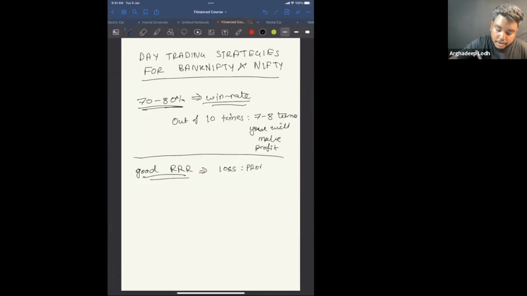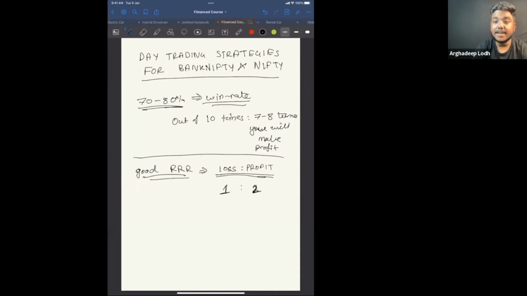In layman's terms, suppose you are entering a trade, you are risking 1 rupee, but if that trade works, you are making 2 rupees.